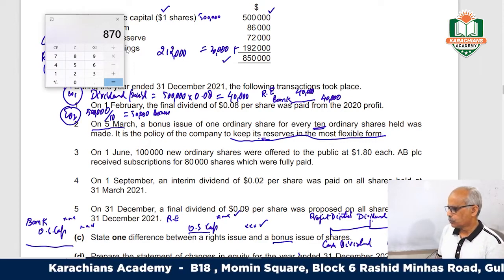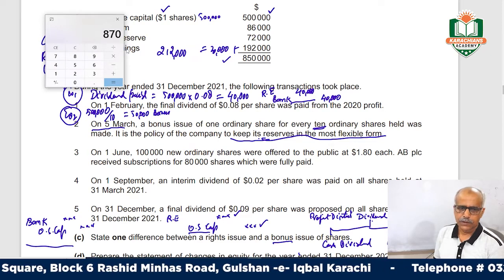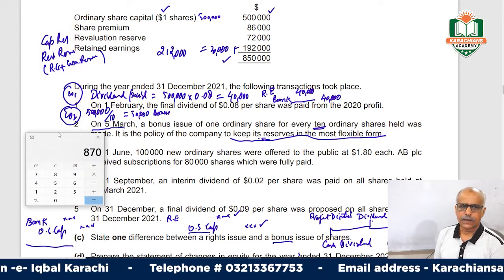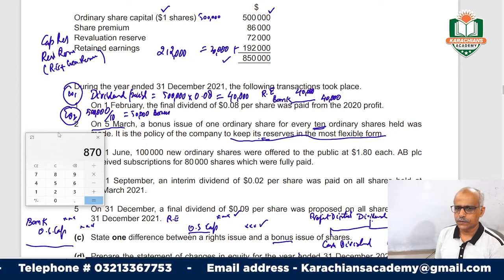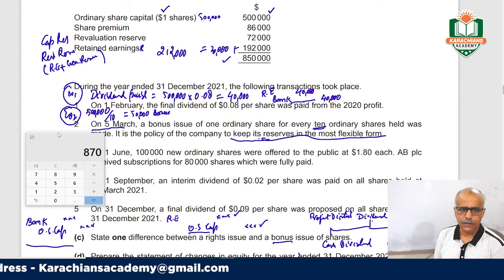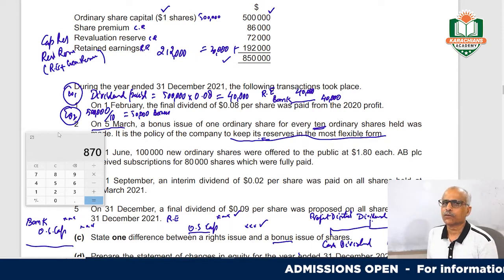so what we will do, the bonus shares we will pay from, because what things we have, this one is revenue reserves, this is capital reserve. So revaluation reserves you cannot distribute.